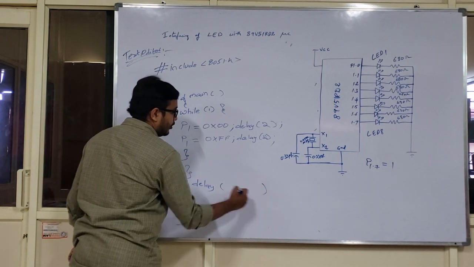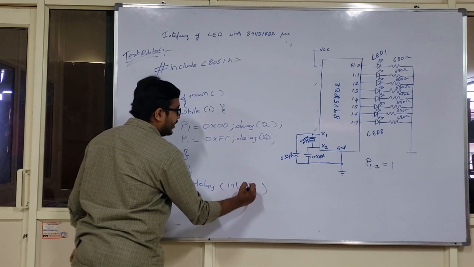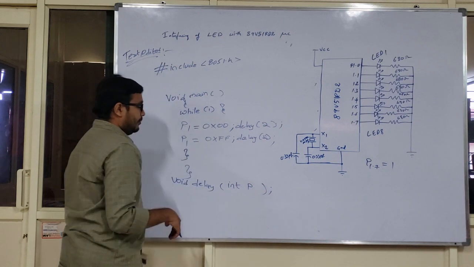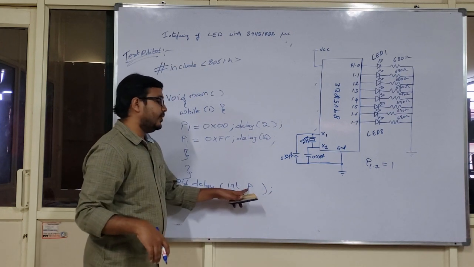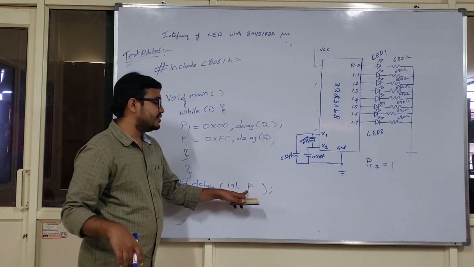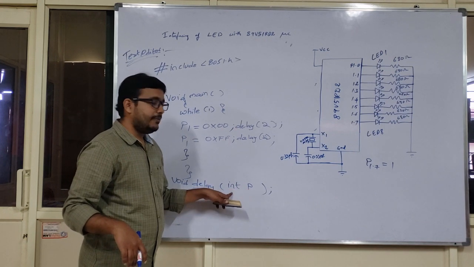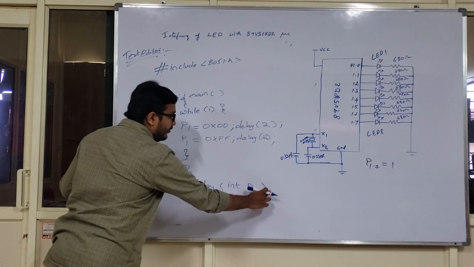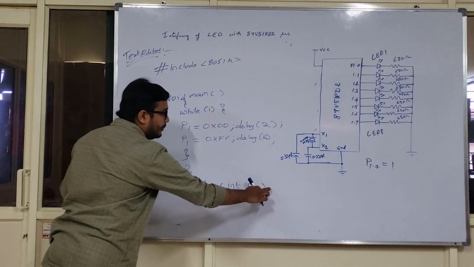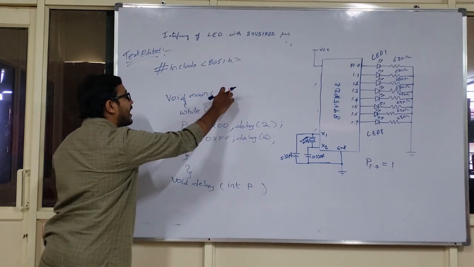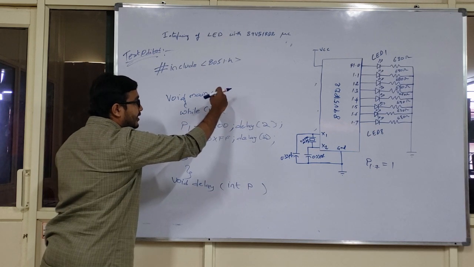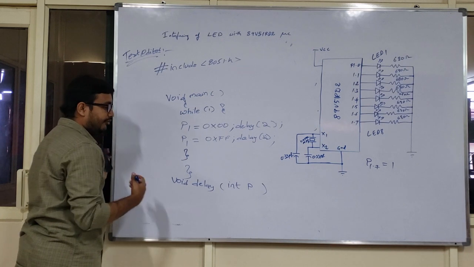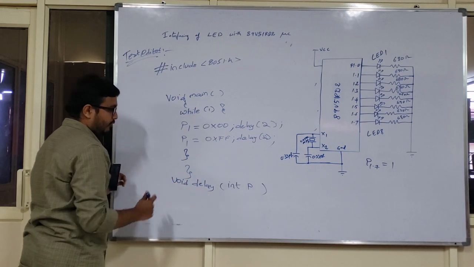In this manner I need to provide int p, because I am taking a parameter inside the argument, and this p is of type integer. Whenever I am defining anything, I shouldn't keep any semicolon, because I didn't have any semicolon when defining the main function. In the similar manner, whenever I am defining any function, I shouldn't keep any semicolon.